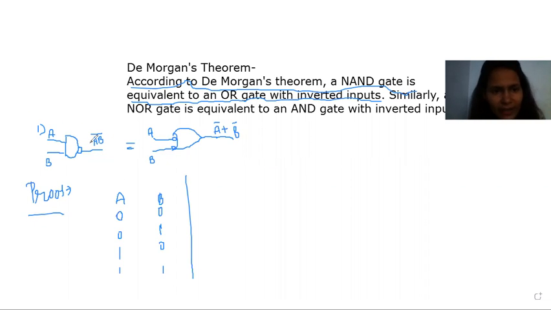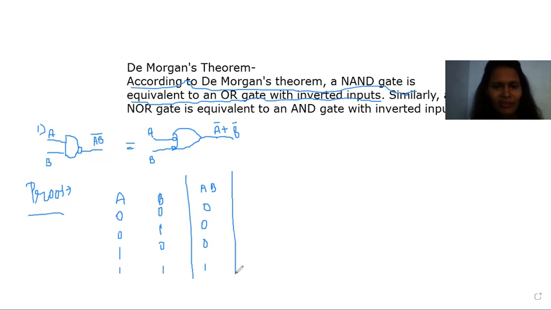First of all, we will find AB whole bar. First of all, we will multiply A with B. 0 into 0, 0. 0 into 1, 0. 1 into 0, 0. 1 into 1, 1.